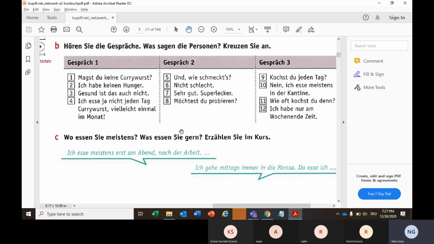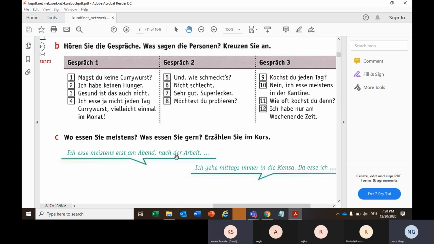Okay, Saurabh, your turn. Wo essen Sie meistens und was essen Sie gern? Ich esse meistens erst am Morgen or Abend. But the question is wo? Where do you eat mostly? So don't read from here.